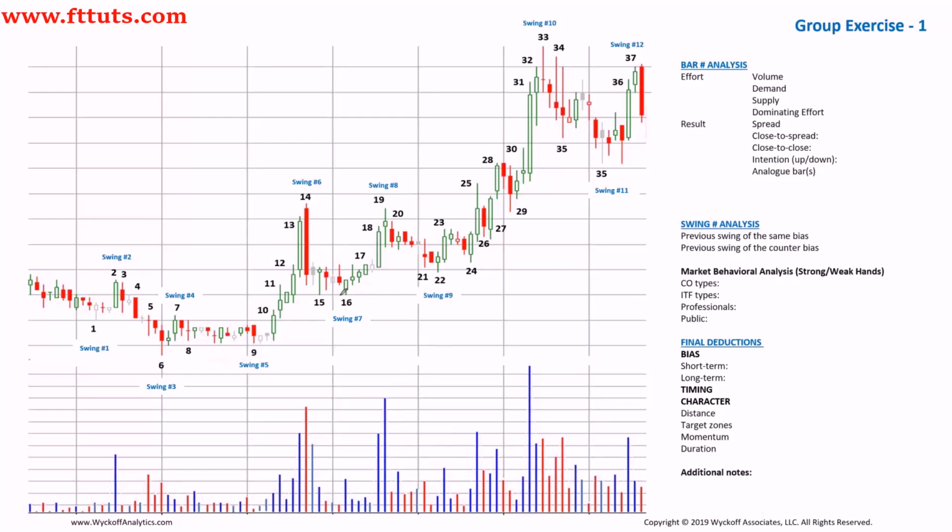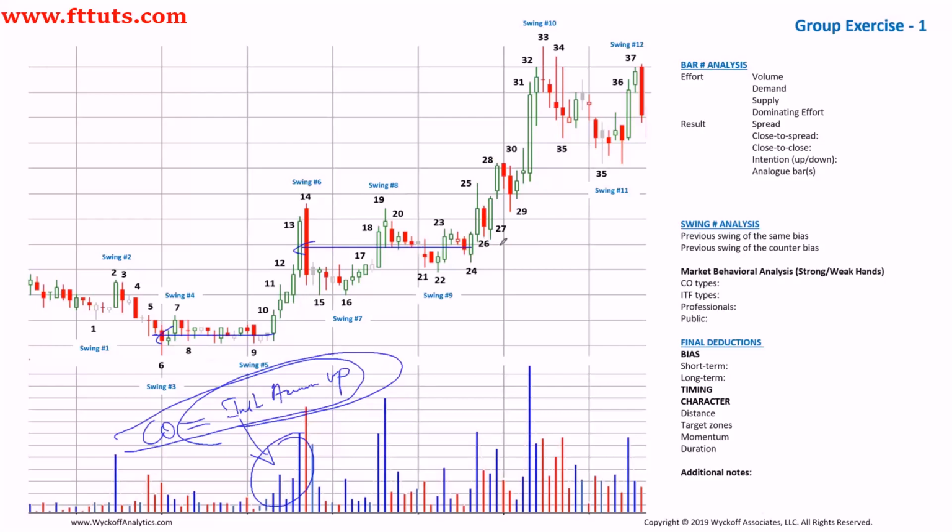Because we're thinking that, well, first of all, causality here is much more of what we've seen in this area right here. Secondly, it seems that there is some institutional accumulation that we've seen on the way up. So if this is a CO type of accumulation, which it is, then we probably would be thinking that they are not going to sell in this trading range, and then the price is still going to go higher.